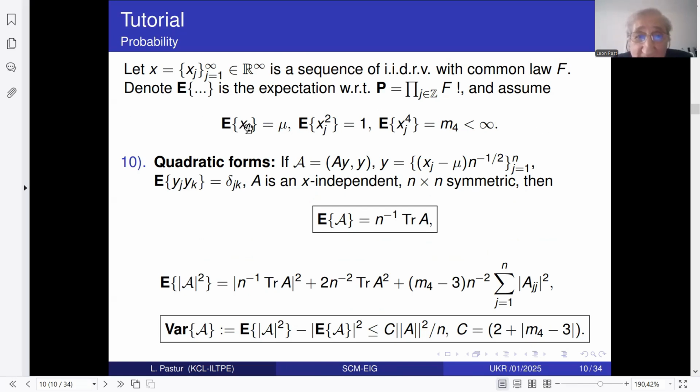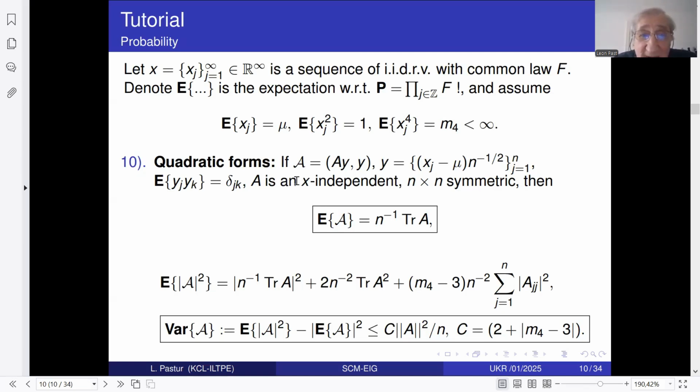I denote the expectation of all x_i by mu. My normalization is, without loss of generality, that the expectation of the square is 1, and I will assume sometimes, not always, excuse me, that the fourth moment is finite.